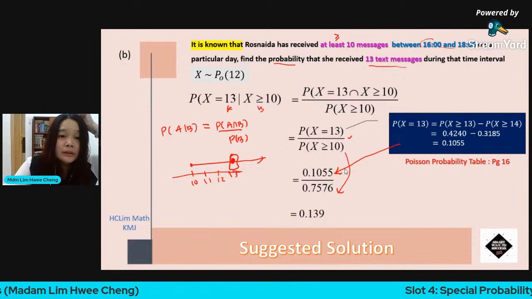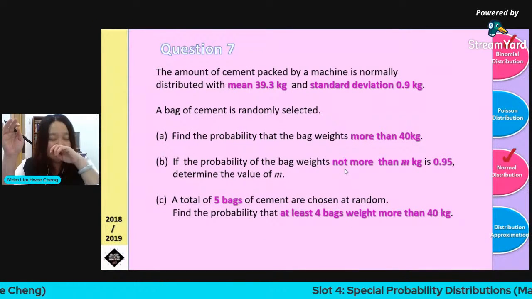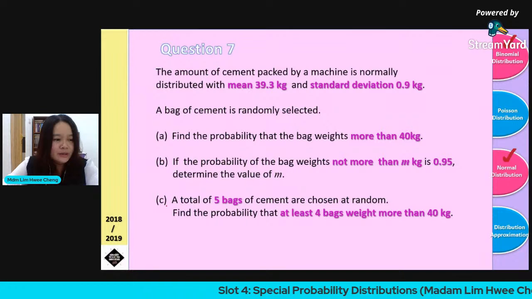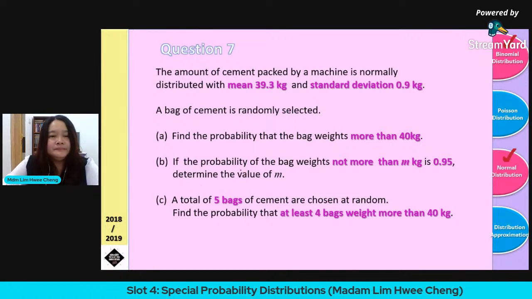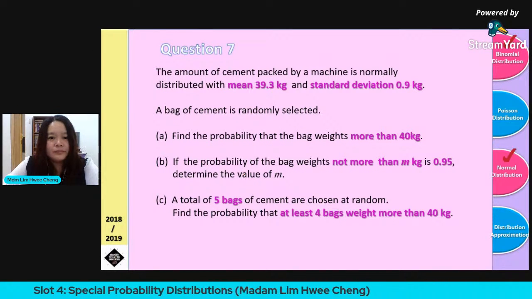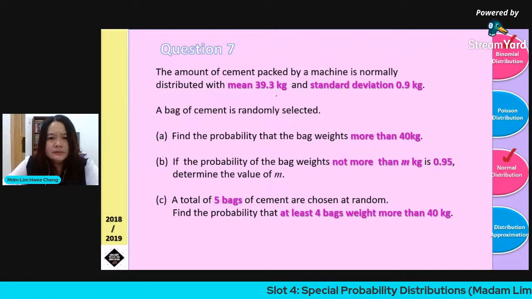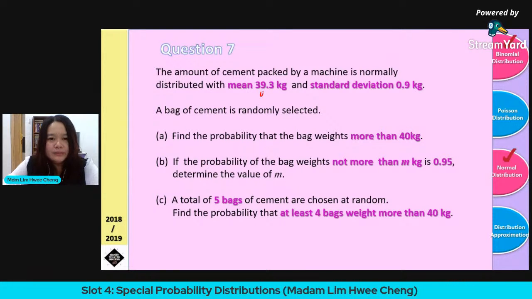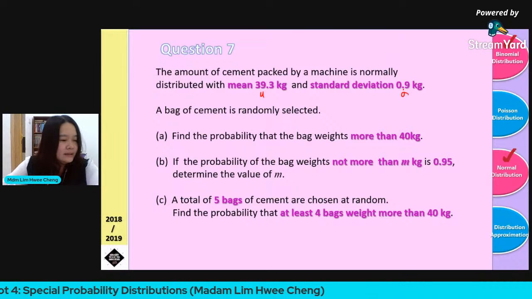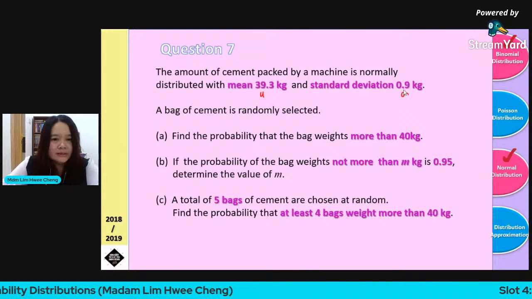So we will have question number 7, which I took from the 2018 questions. If you look at this, the amount of cement has a mean of 39.3, this is mu, and this is your standard deviation. A bag of cement is randomly selected.